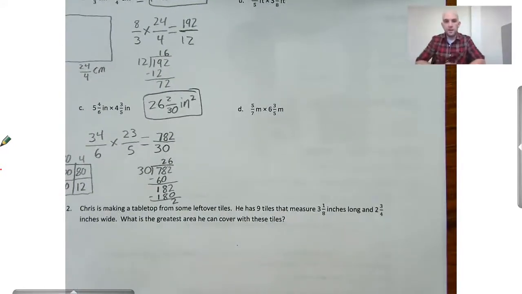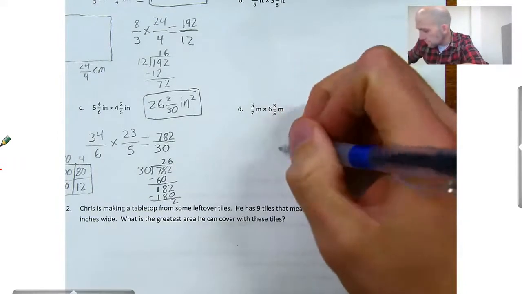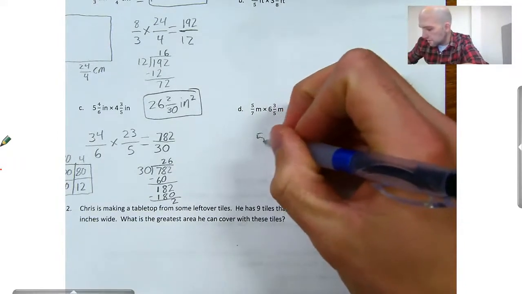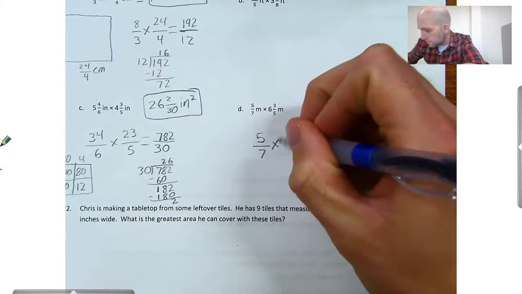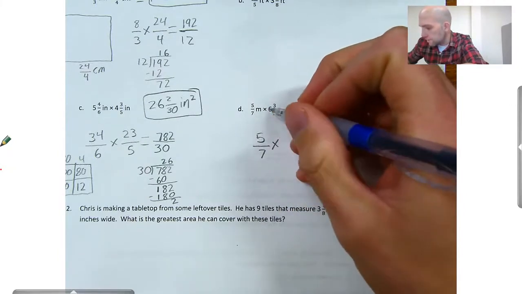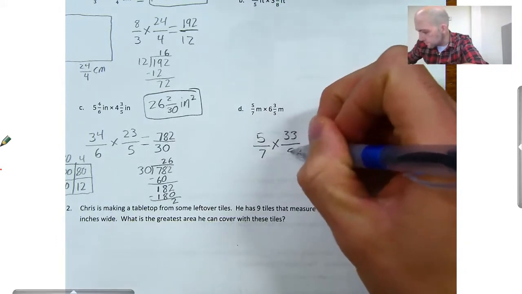And then letter D, we have a fraction and a mixed number. So we have 5/7 times 6 3/5. And then we have meters this time. So we have 5/7 times, well, 6 times 5 is 30, plus 3 more is 33/5.